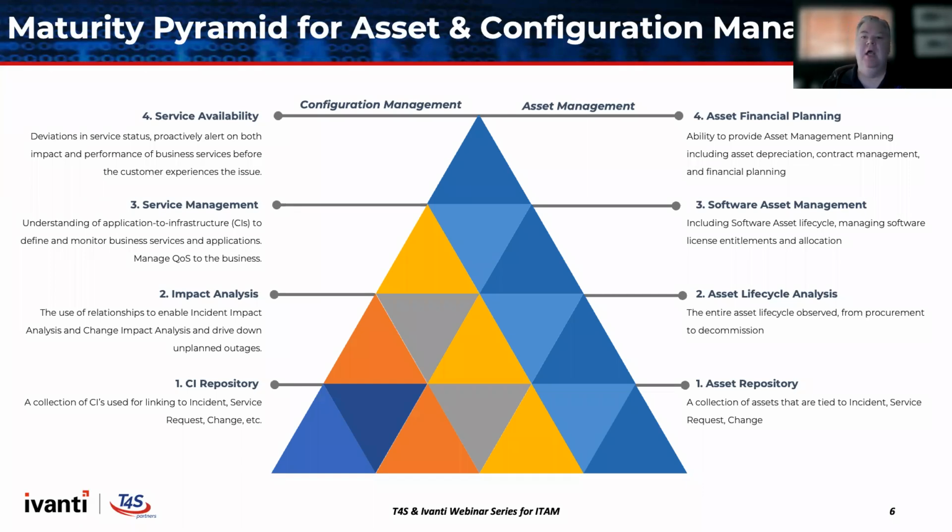And what you'll see is the processes and the data elements will begin to diverge there. So at the second layer, we start to move in from a configuration management perspective. We're now looking at impact analysis. This is an area where we want to maintain or understand the relationships, right? That becomes very important at this layer, and being able to utilize that from a change impact analysis or incident impact analysis perspective, right?